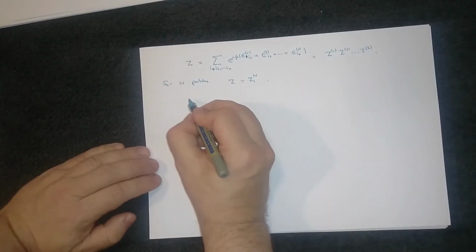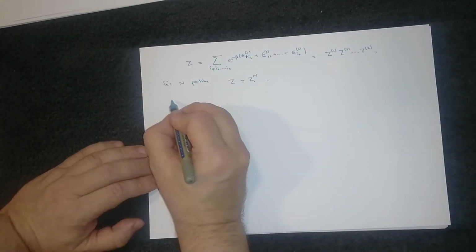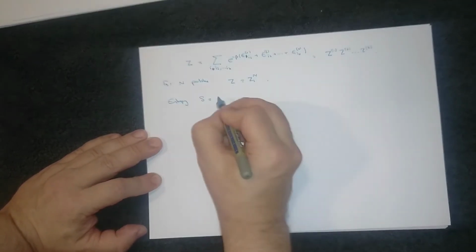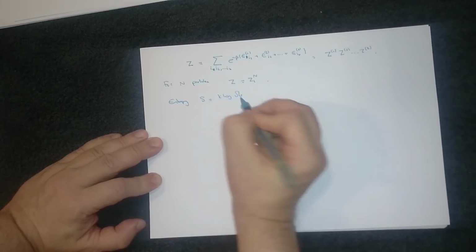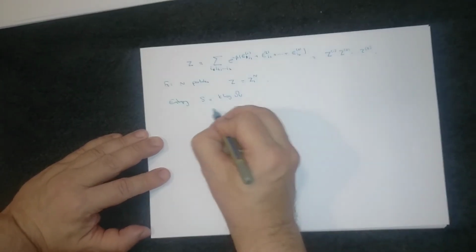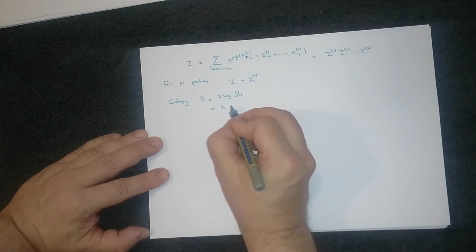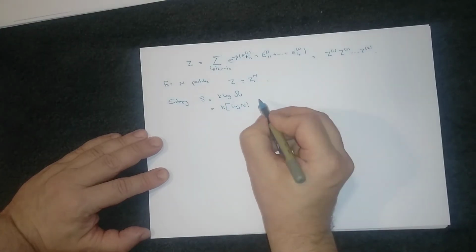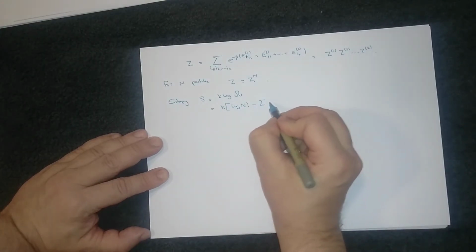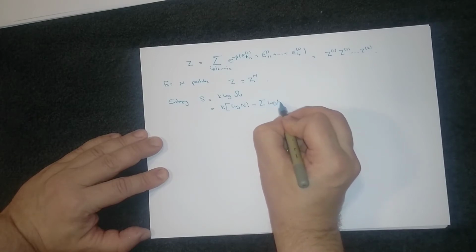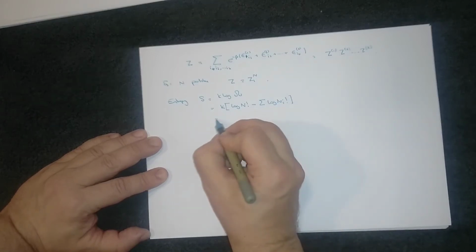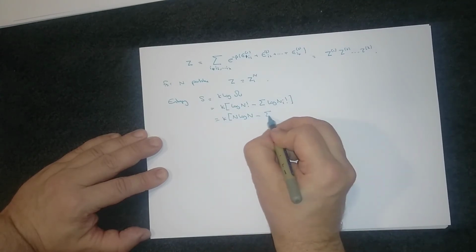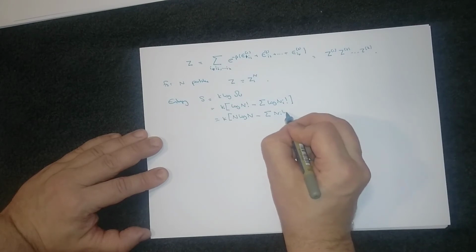Right, let us construct the entropy for such a system. So the entropy S is equal to k times log omega, which is k times log n factorial minus the sum of log ni factorial, which is n log n at this approximation, minus the sum of ni log ni.